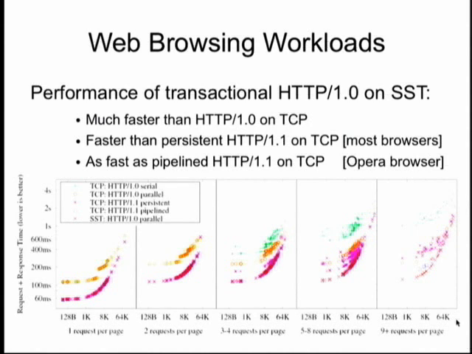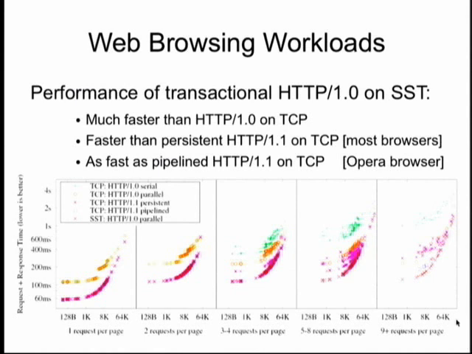It compares a naive web client based on SST, which always uses one stream per transaction and downloads everything as parallel and as eagerly as it can, versus different versions and styles of the HTTP protocol over TCP. The main point there is that it provides equivalent performance to pipelined HTTP 1.1 without the application having to deal with pipelining and things like that.